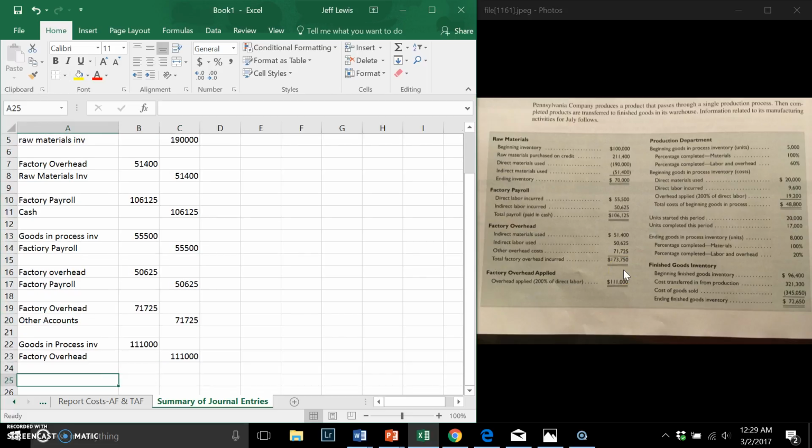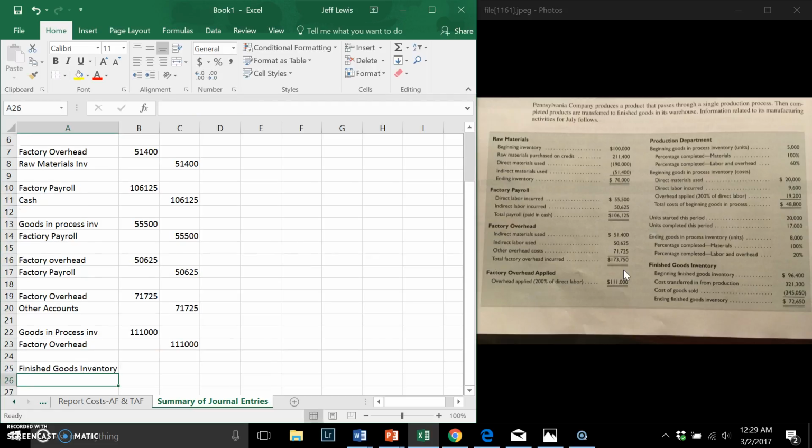And then part I is record transfer of finished goods from production. So we have finished goods inventory and goods in process.